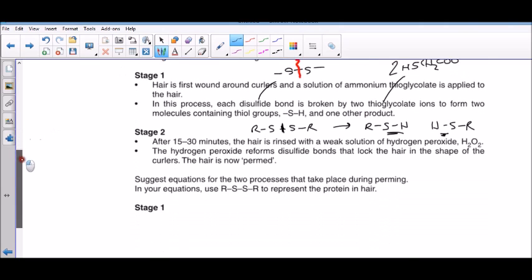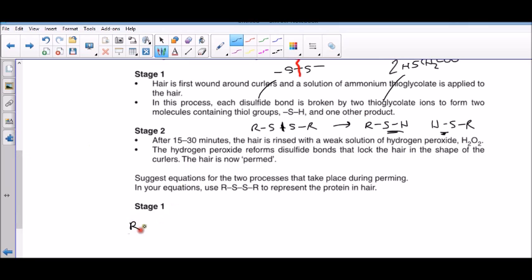So let's start writing that first equation now. We've written down what we've figured out so far: that protein reacting with two thioglycolate ions, making two molecules containing the thiol group, and then we just need to work out what the other thing is.